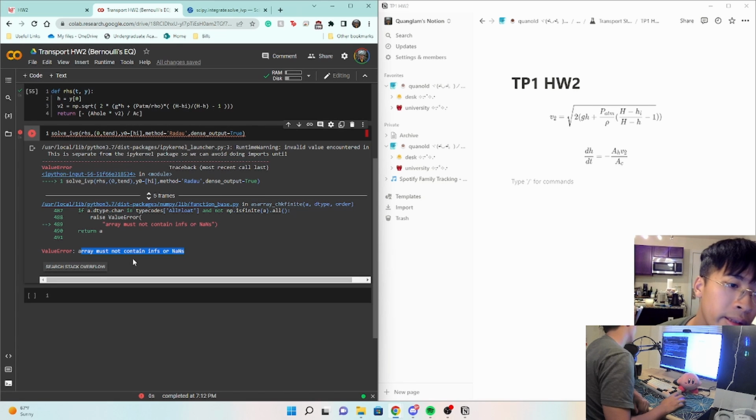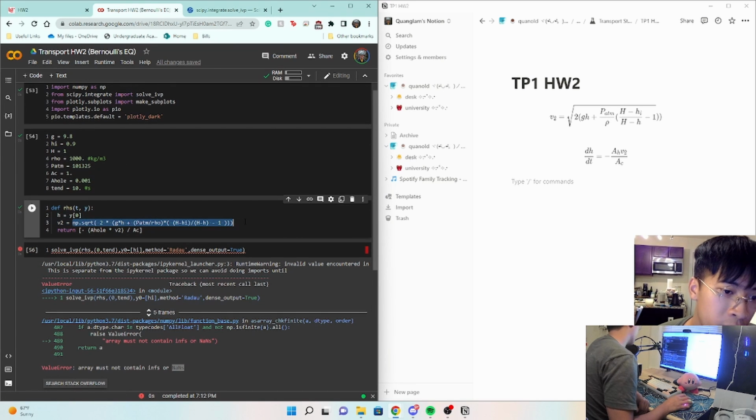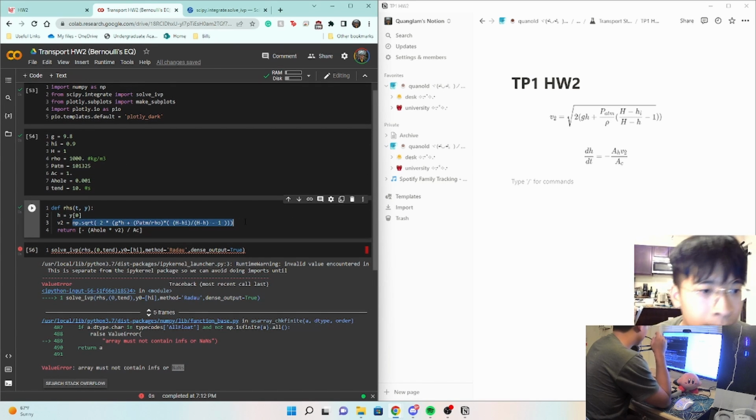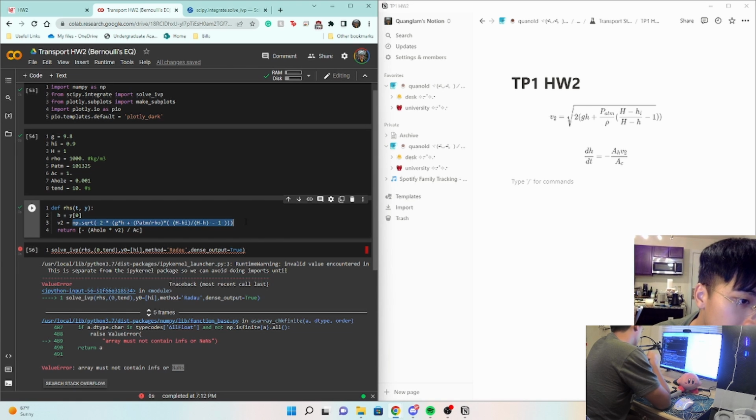Okay, and if you read the error, array must not contain infs or NaNs, and you notice that we have a square root function. And you know that you cannot take the square root of a negative, so we must be generating a negative somewhere, and we are generating a negative right here.